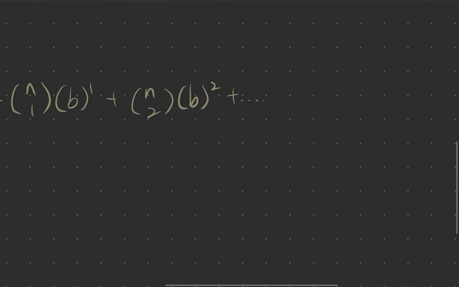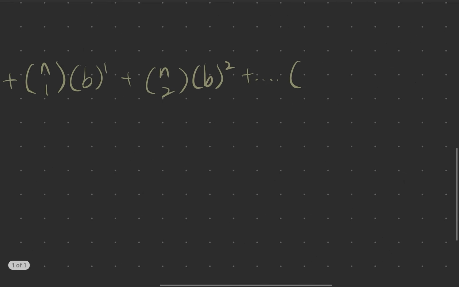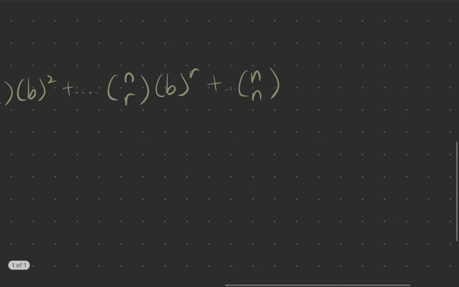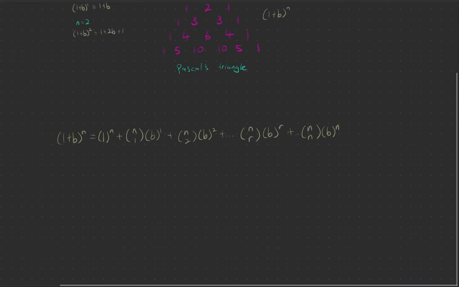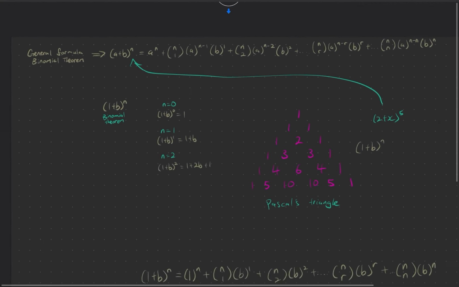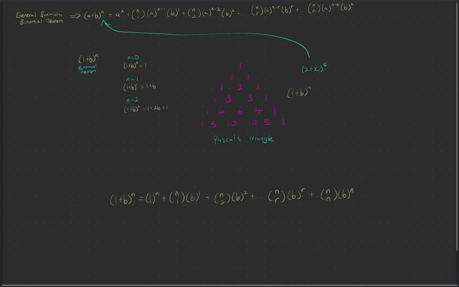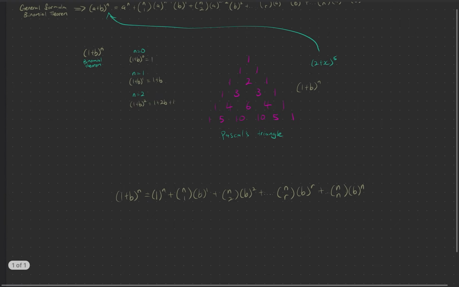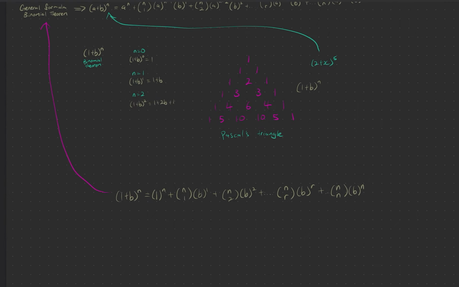Looks eerily similar to a formula that we have learned before. So n choose r times b^r plus n choose n times b^n. Looks eerily similar to some other formula. So yes, this formula actually derives from the original general formula that we learned yesterday.